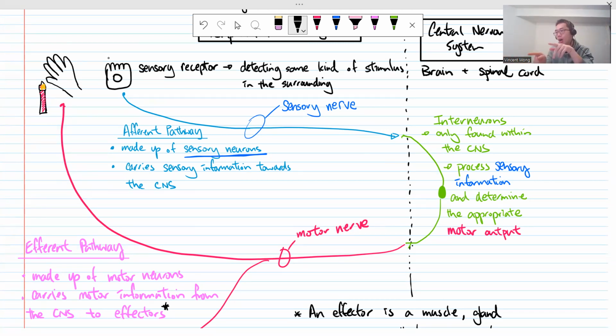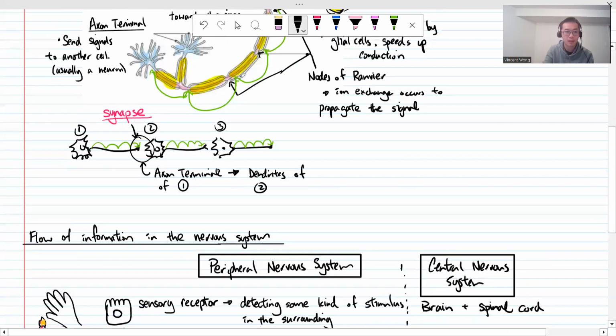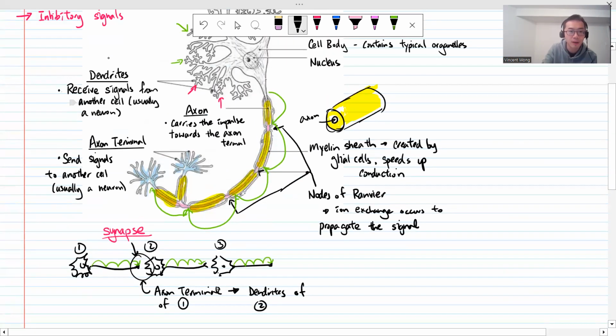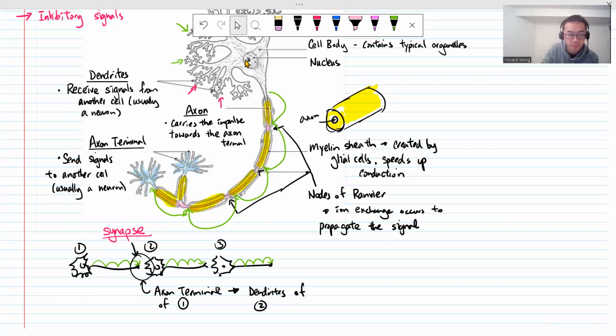The first domino is not being pushed over by another domino, but in fact, it's being pushed over by like the finger, right? There has to be some kind of trigger. So here, the first trigger is the sensory receptor. Right? So if you want, you can put it here, usually from a neuron, okay? But the first neuron in the pathway would be receiving from a sensory receptor.